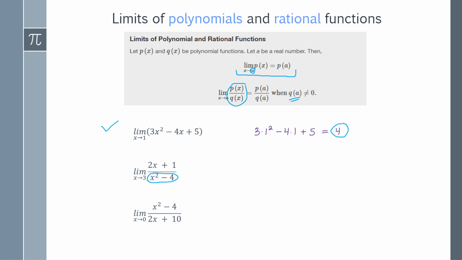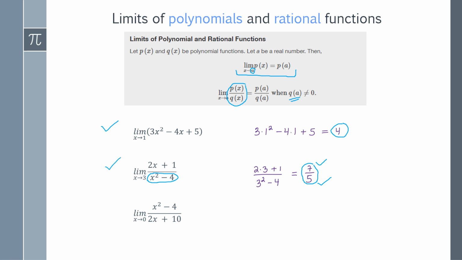We get 9 minus 4, which is non-zero. That's all we need to do in order to proceed. So we plug in 3 for x, and we get 7 on top, 5 on the bottom. The final answer is just that, 7 over 5.